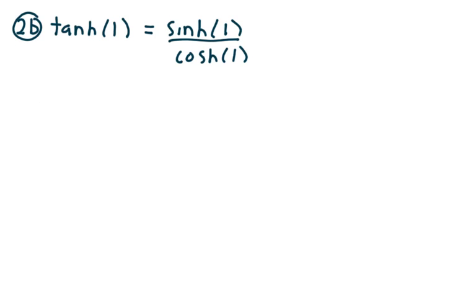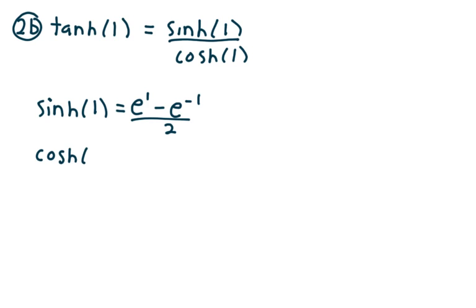Okay. Now, sinh of 1 is equal to e to the first minus e to the negative 1 divided by 2. Cosh of 1 is e to the 1 plus e to the negative 1 divided by 2.